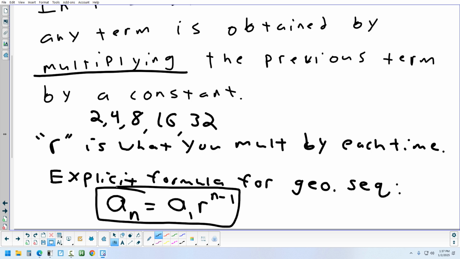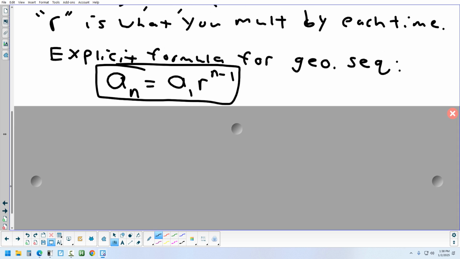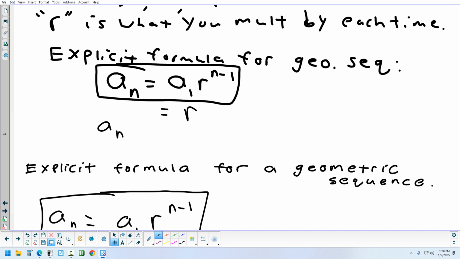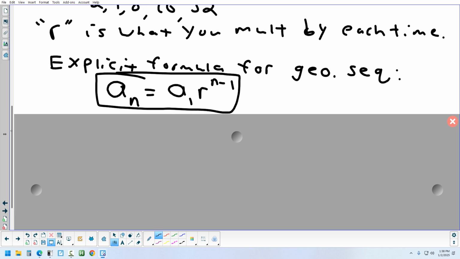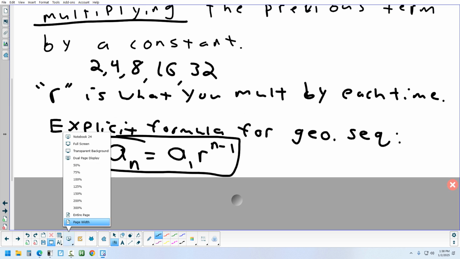So that's taking the place of that formula you had before. And we'll check it on a couple, make sure it works. But it's A sub 1 times R to the n minus 1. I think I wrote the same thing down here. I just wrote the same thing twice. Let me leave that up.